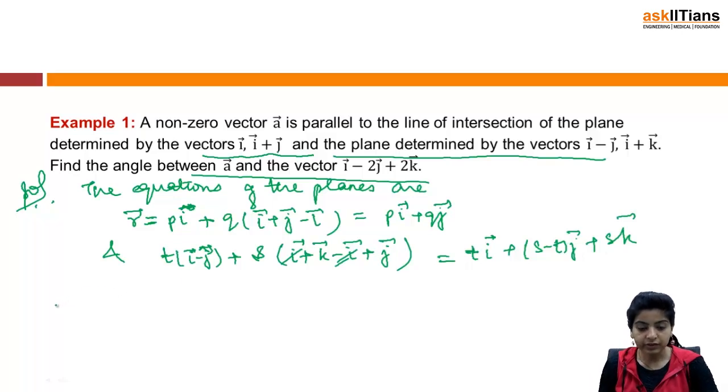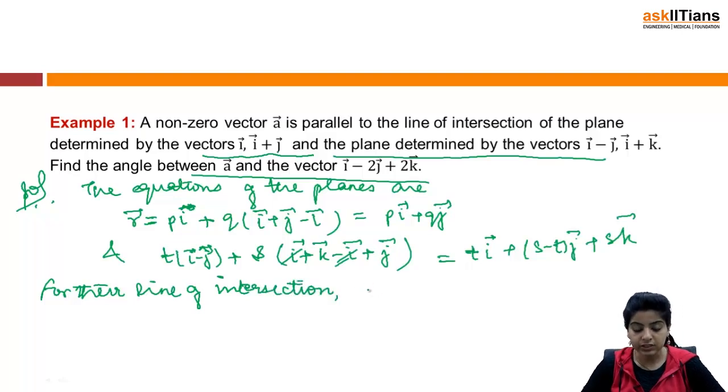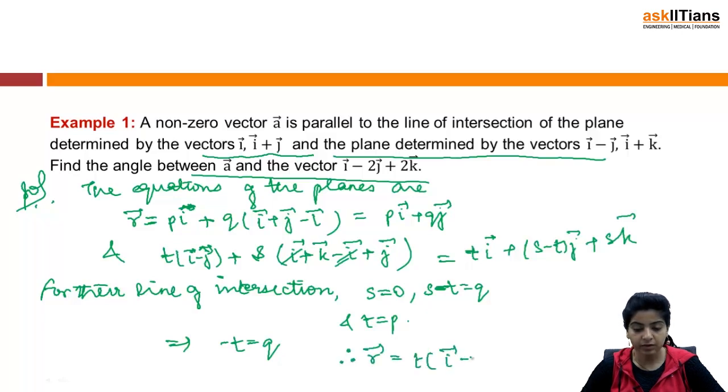Now for the line of intersection, S should be equal to 0, then S minus T is equal to Q, and T is equal to P. So this implies minus T is Q, this is S minus T. So minus T is Q, and therefore I have my R vector as T times (i minus j), right?